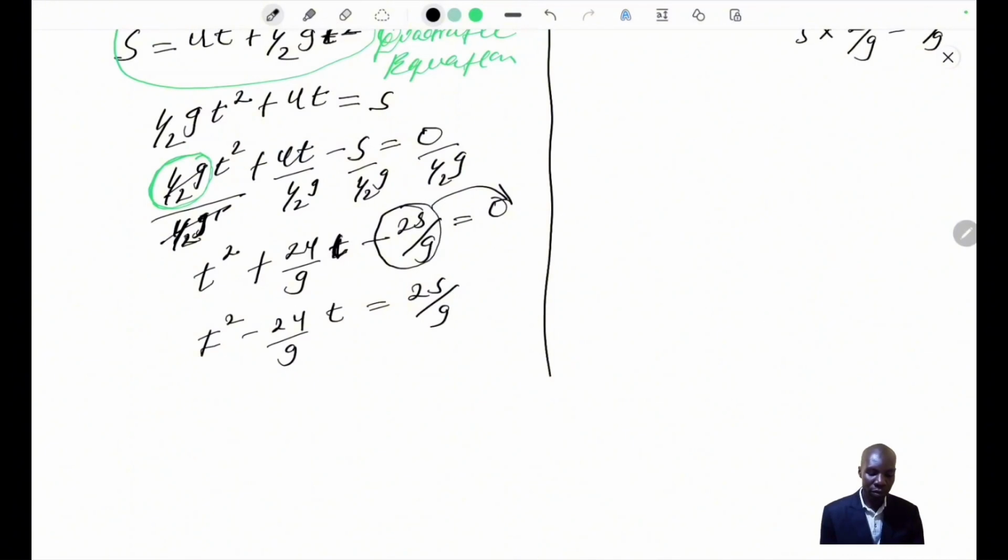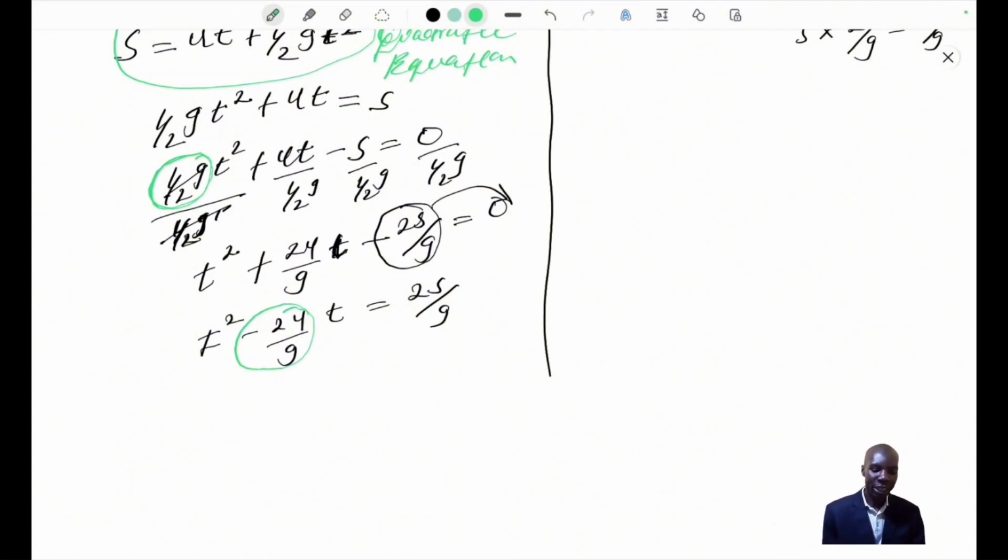Now, what we are going to do is get a half of the coefficient of t, square it and then add it to both sides.